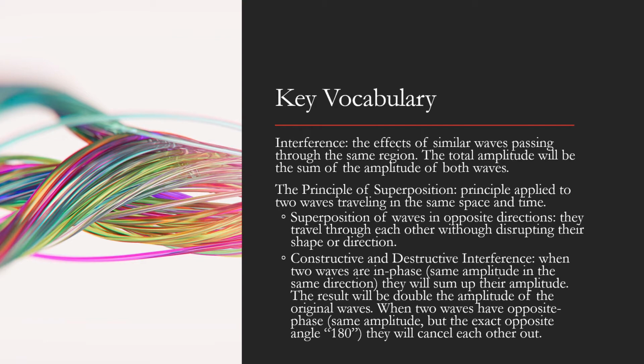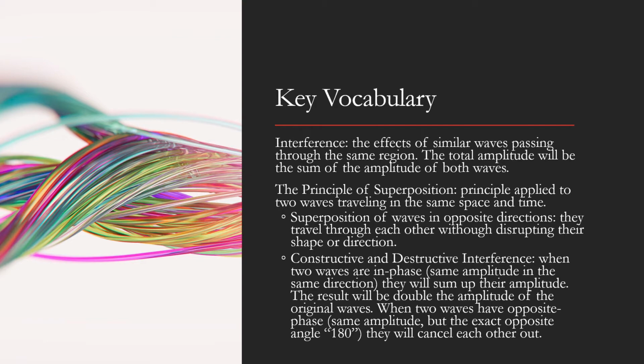Two waves disrupt each other when one is going up while the other one is going down, but they have the same amplitude. Let's say the wave at the top has 2 centimeters, and the wave at the bottom has 2 centimeters as well. If they are traveling at the same place and time, they're going to end up eliminating each other.